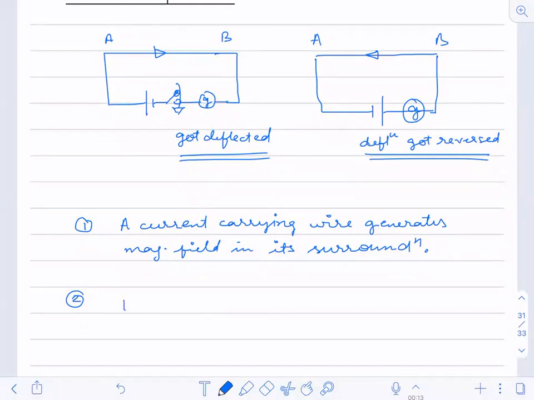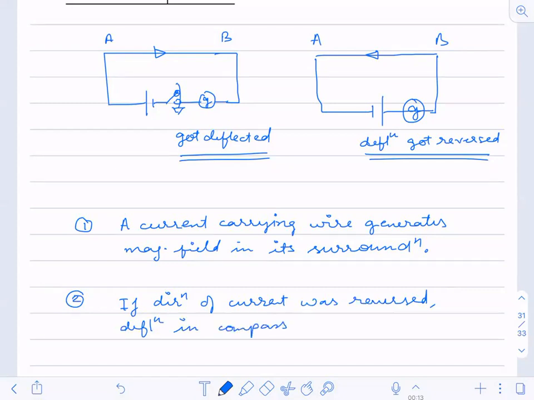So if the direction of current was reversed, then the deflection in the magnetic compass was also reversed. So this is what he found from his experiment.